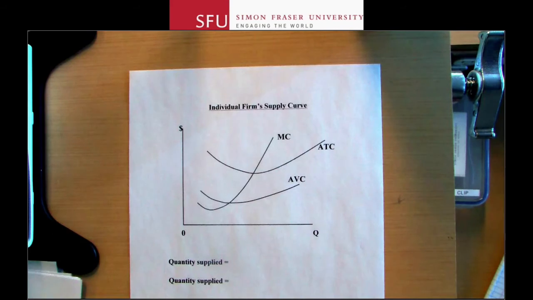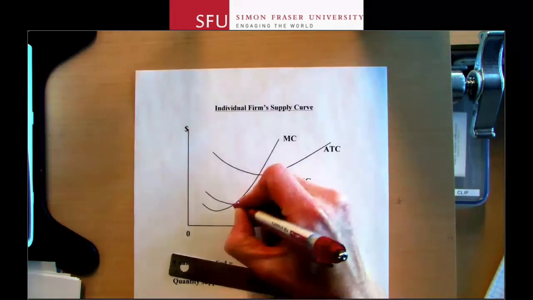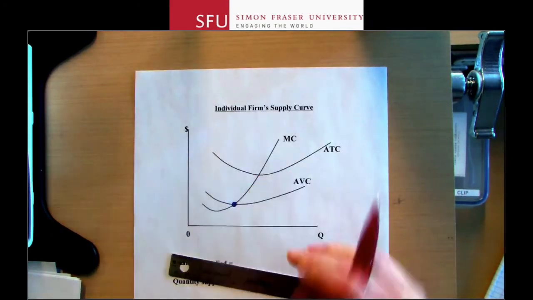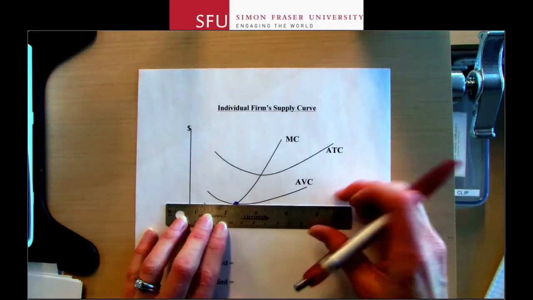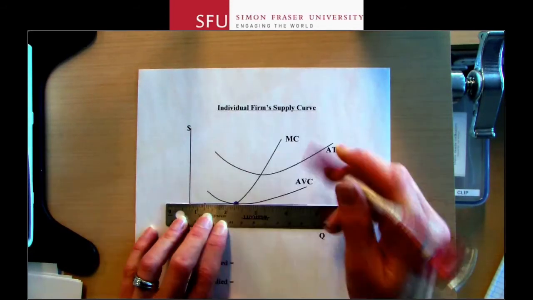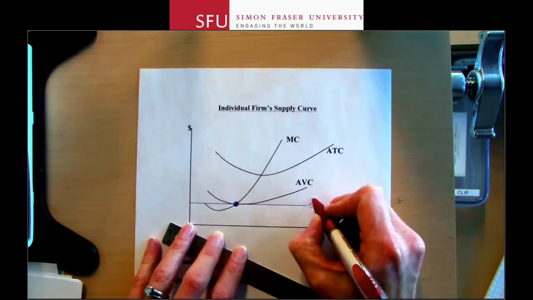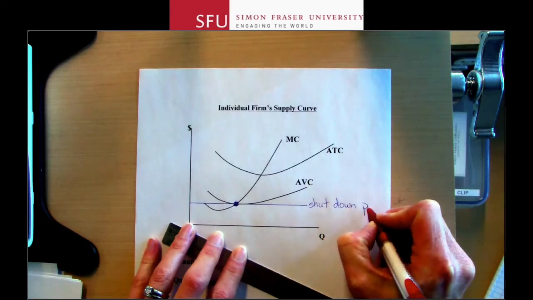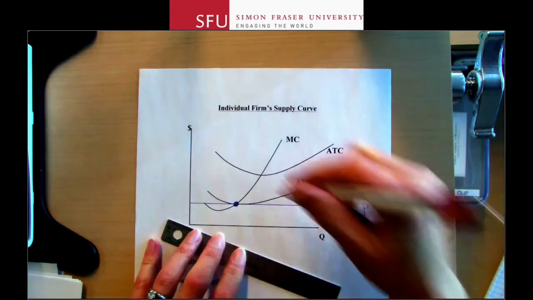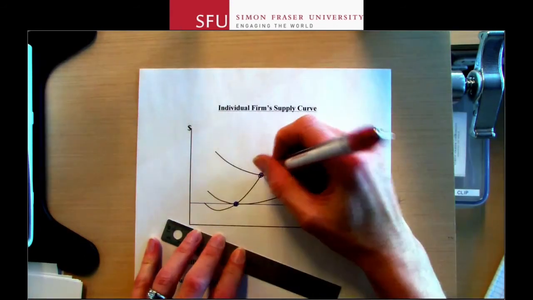Let's label the shutdown price and the break-even price. So this one is the shutdown price, and we'll put the break-even price as well.